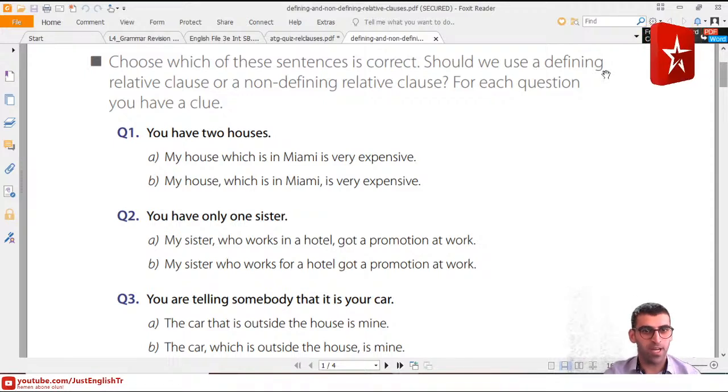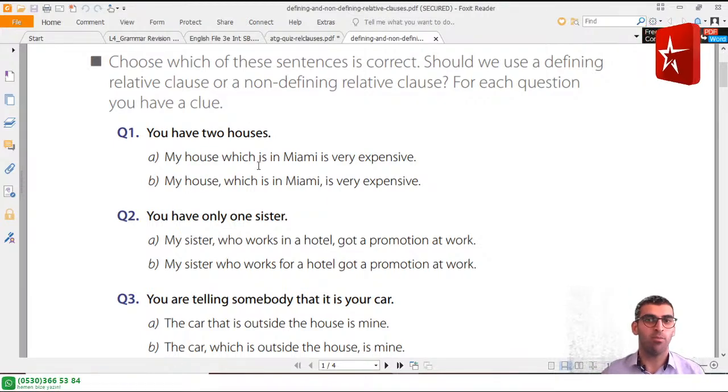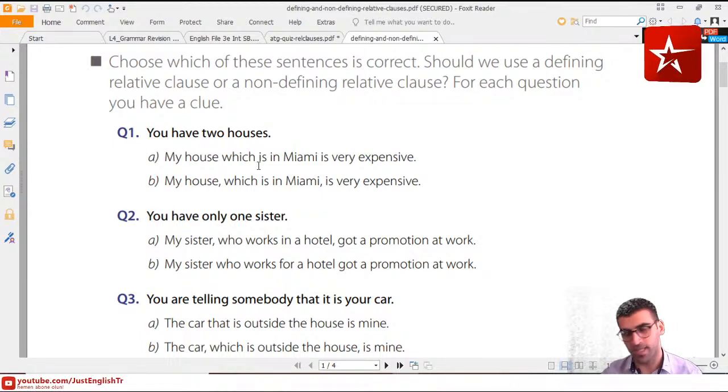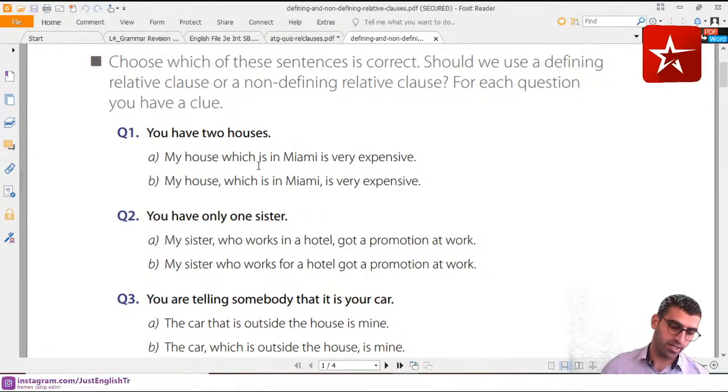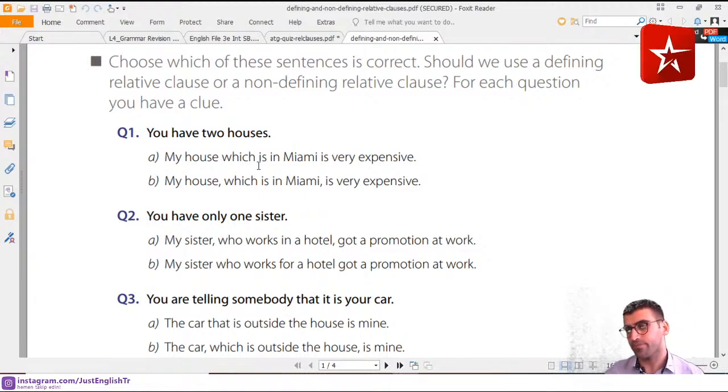As you see, we have a comma here, and we don't have a comma here. So which one is correct and why? Which option is correct, guys?